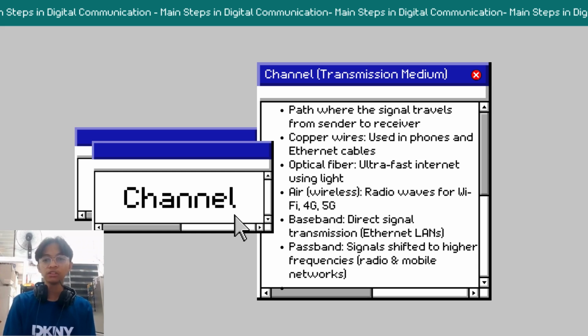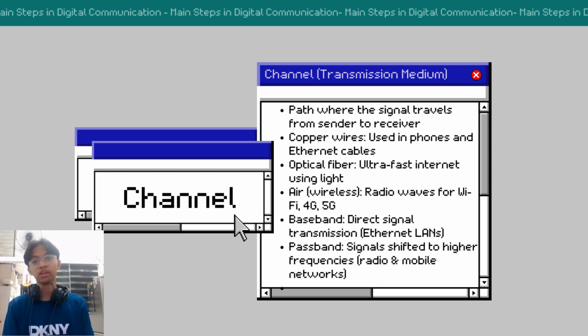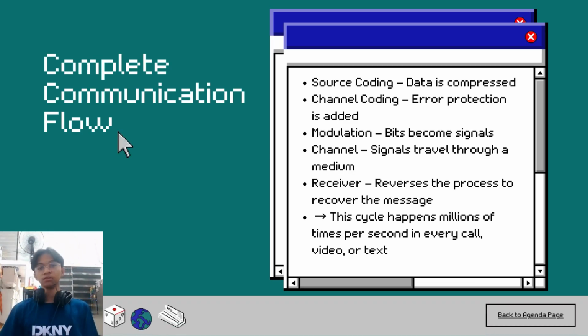Now that we've looked at all parts individually, let's put the entire communication process together. So here's the complete journey of digital communication. Source coding compresses the data, channel coding adds protection, modulation turns bits into signals, and the channel carries the signal to the receiver. At the receiver side, the process is reversed to recover the original data.